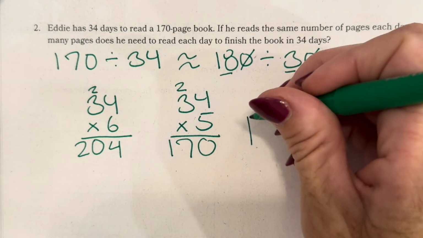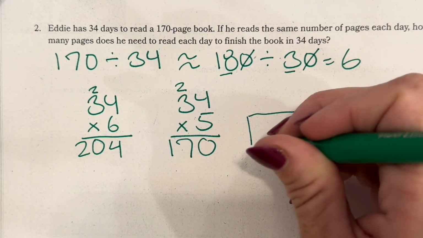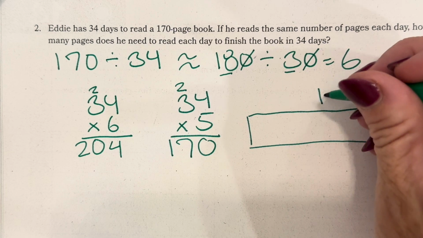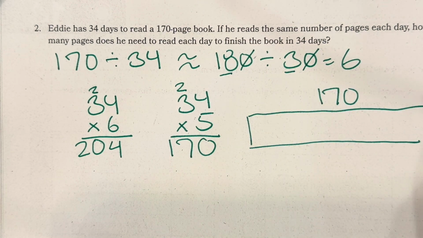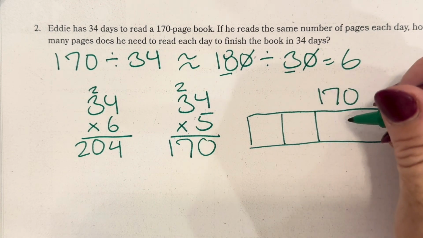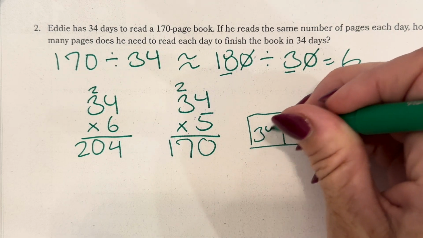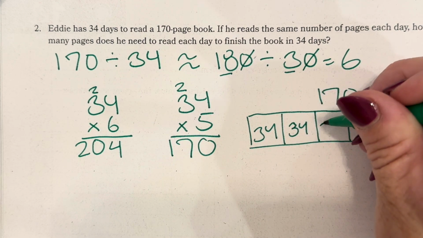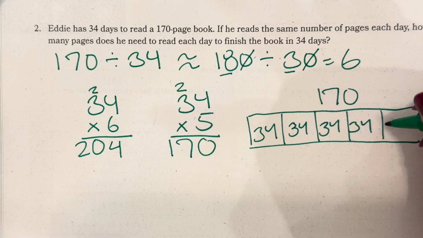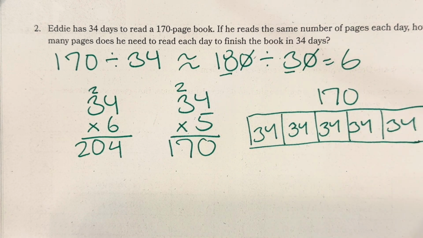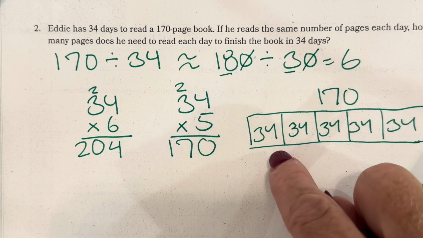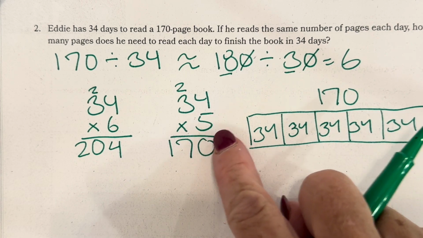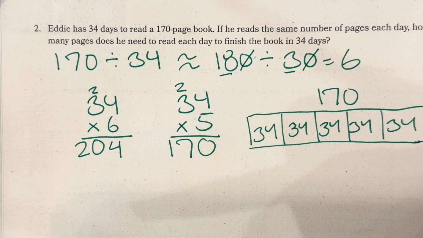So for my tape diagram, that means that Eddie is going to take 170 and we're going to divide. Now this one doesn't work so great with the word problem because I have 5 groups of 34, but that's just saying that we also know that he's going to have to read 5 pages each day.